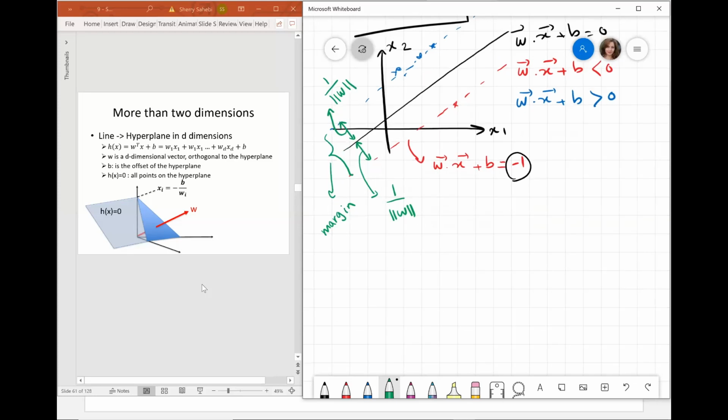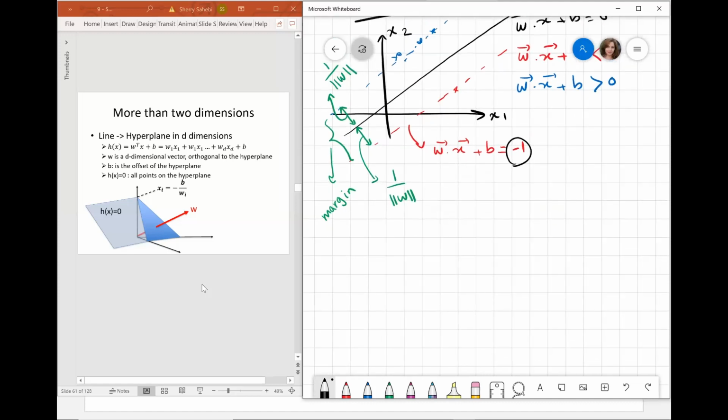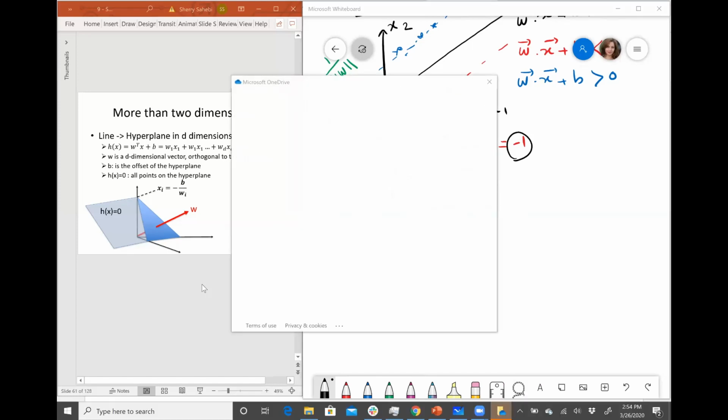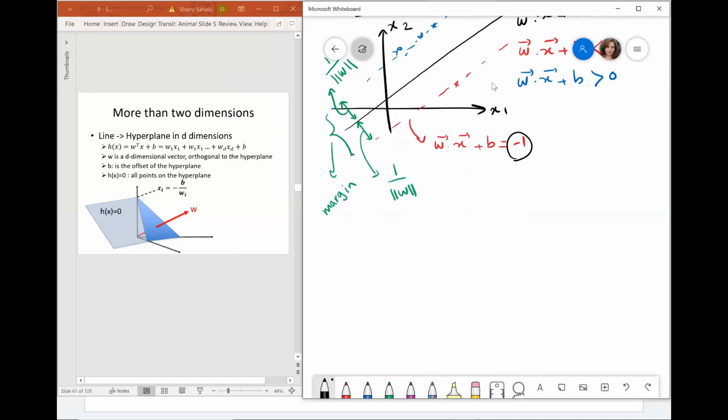So far, our examples were all in two-dimensional spaces. So in a higher dimensional space, suppose that we have a three-dimensional space.